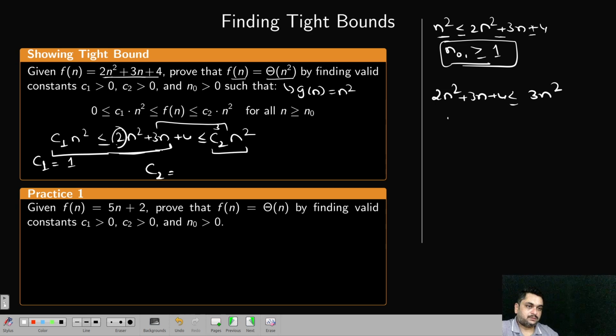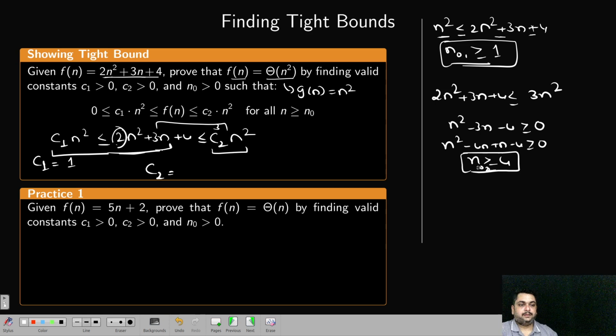Just try to factorize. Moving terms to one side, n square minus 3n minus 4 should be greater than or equal to 0. So this is n square minus 4n plus n minus 4 greater than or equal to 0. So n naught 2 should be greater than or equal to 4. For 1 we would get minus 1, so we will not consider that factor.